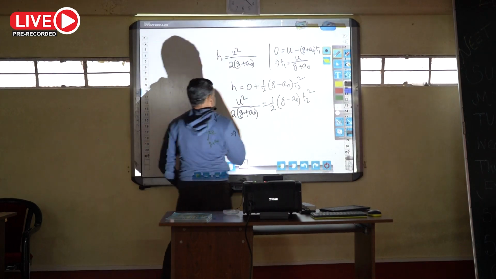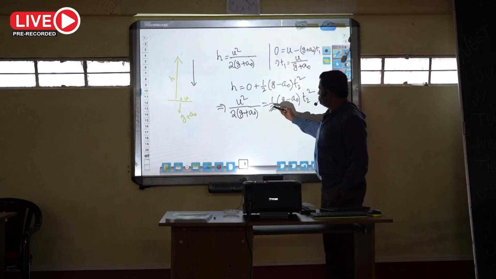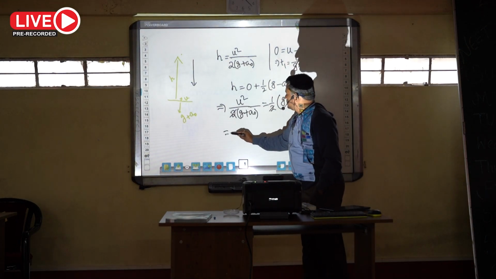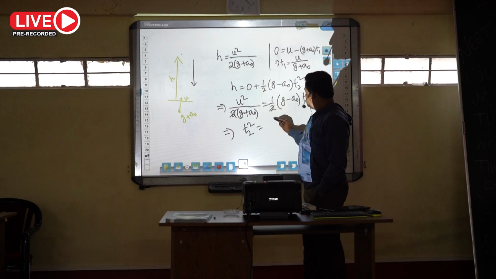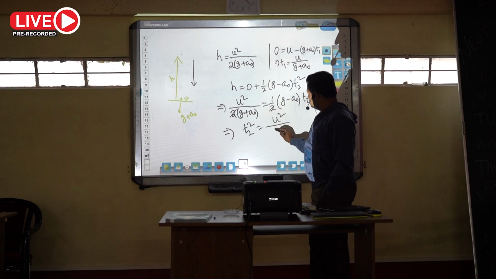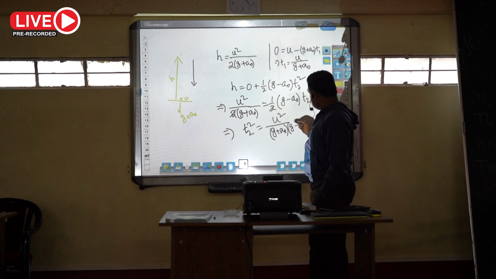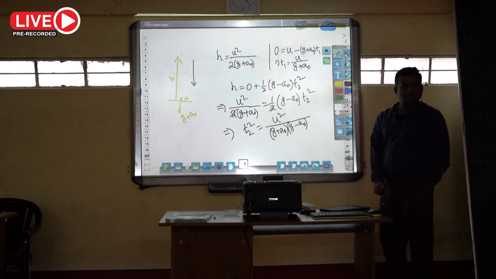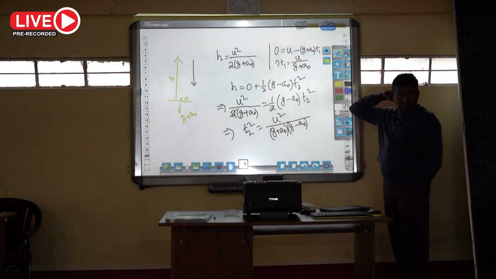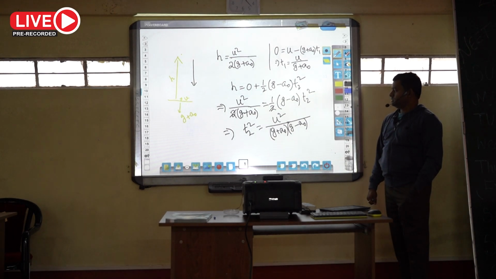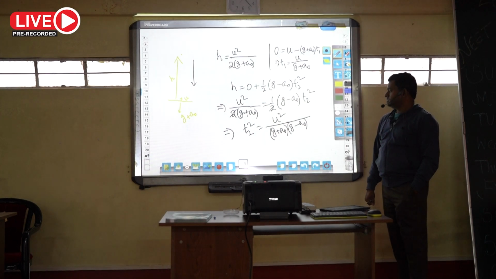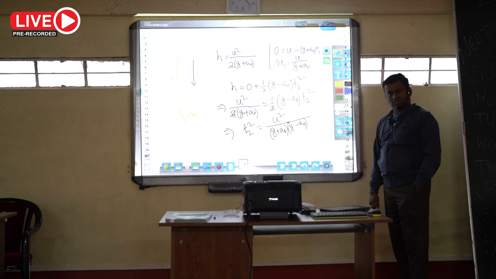So from this we can write, this 2 will cancel, it is coming T2 square equal to u square by g plus a naught into g minus a naught. T2 square will be u square divided by g plus a naught into g minus a naught.